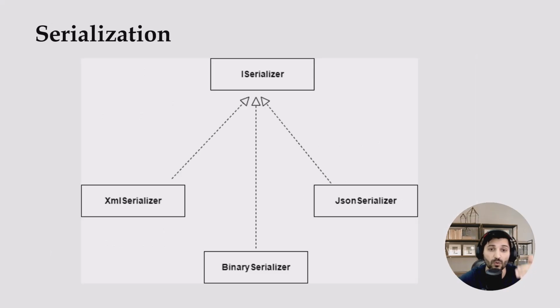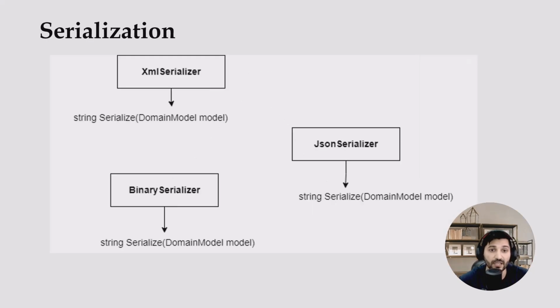For that reason, we need to implement ISerializer as a contract for XML, JSON, and binary. We'll have the implementation of ISerializer. Actually, all these serializers have the common signature, like Serialize with a domain model. But for the domain model, we'll use a generic mechanism.